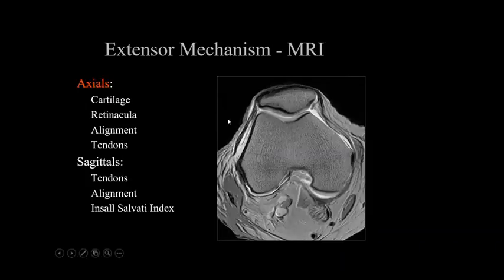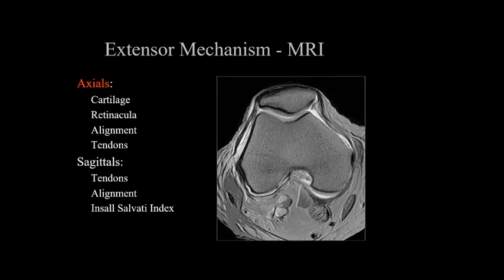So here we have the extensor mechanism, axial MRI, proton density sequence showing nicely the patellofemoral joint. We also see nicely the medial patellofemoral ligament, here inserting on the medial femoral epicondyle. Remember what we said when we talked about the medial collateral ligament, layer 1 and layer 2.